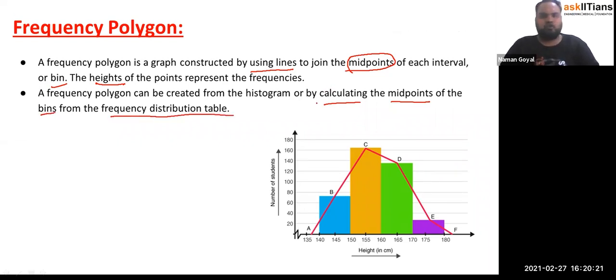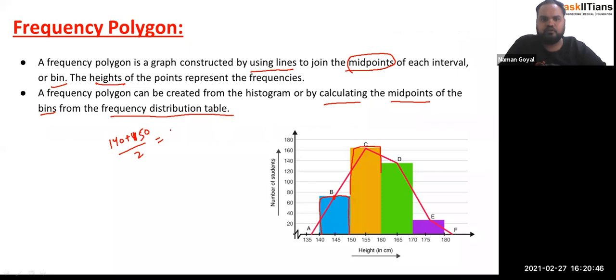So what we have to do, listen: if this histogram is given for a particular data, we have to find out the midpoints of the intervals. For this one, 140 to 150, 145 is the midpoint. See how we find the midpoint: 140 plus 150 upon 2.